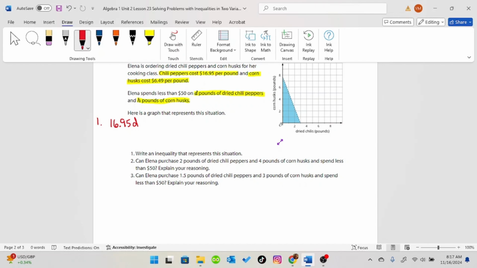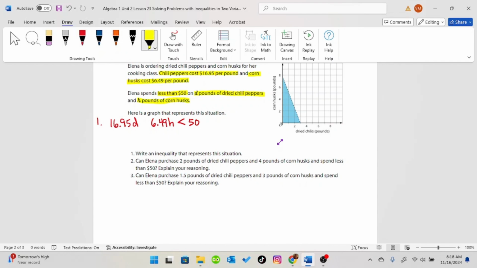So here we would write 6.49H, and that says we're going to take the $6.49 and multiply it by the pounds of corn husks. Next, we see that she spends less than $50, so we have less than 50.